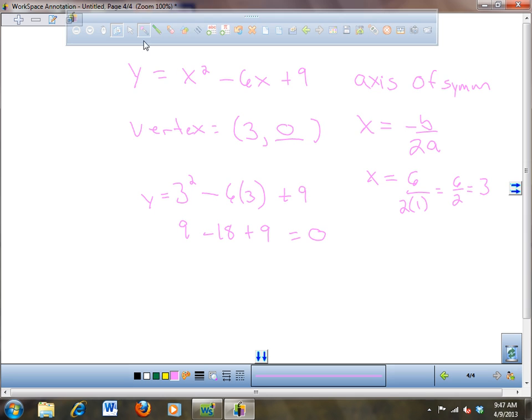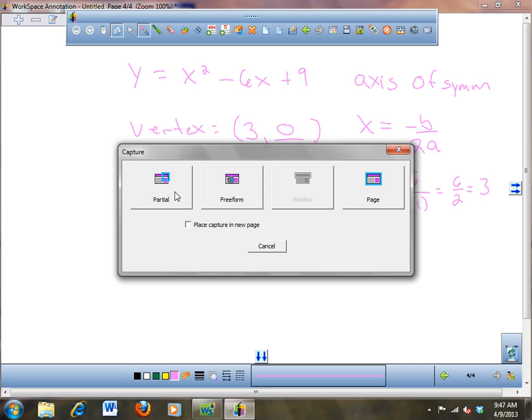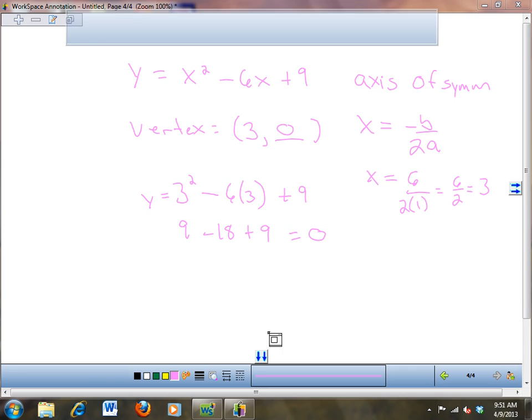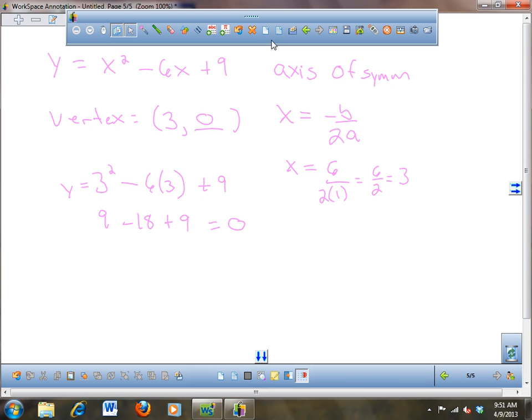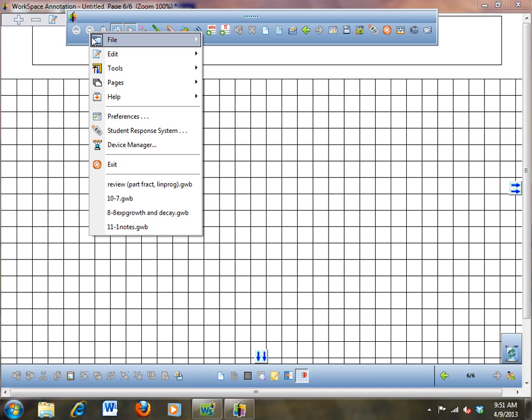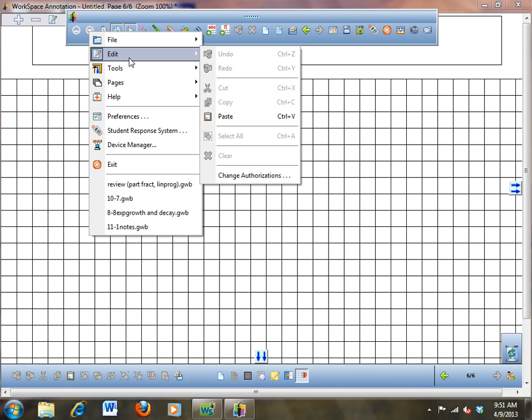Okay? So now what I'm going to do is the same thing I did in the last one. I'm going to capture this. There must be a better way to do that. So I'm going to take this info and put it on a new piece of graph paper. I'm going to go edit, paste.